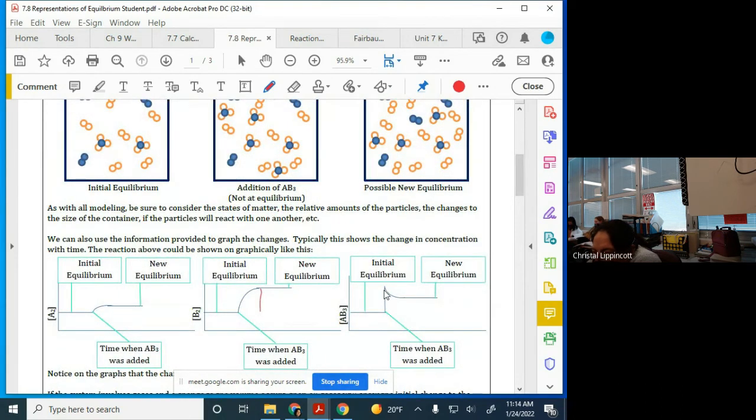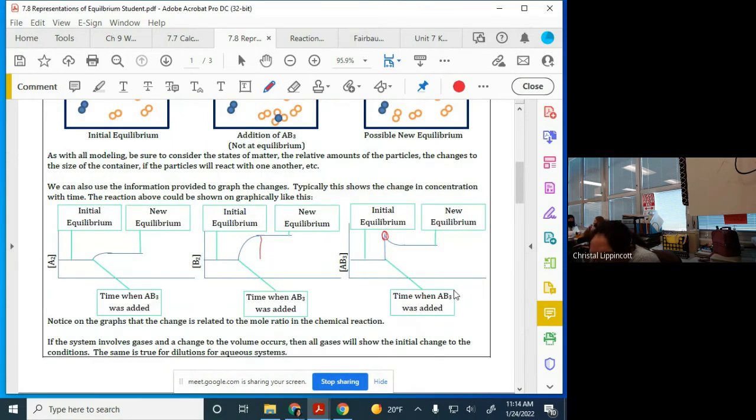Why is it such a steep thing here and such a gradual slope here? Because they added AB3 in. Right, they added AB3 in, so it's going to be a straight up line, and then it's going to ease off a little bit as some of that AB3 turns into A2 and B2. And that's going to slowly go down.